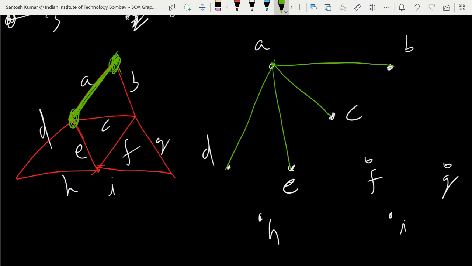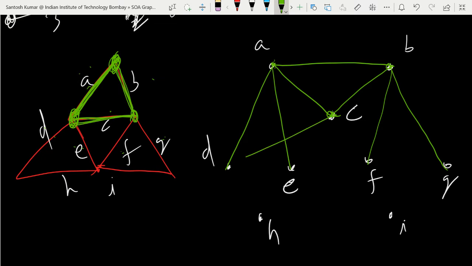And now for B. So B is sharing vertices with A, C, F, G. Now look at C. So C is sharing with A, B, D, E, F, G.